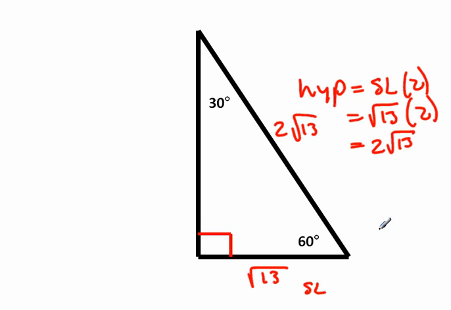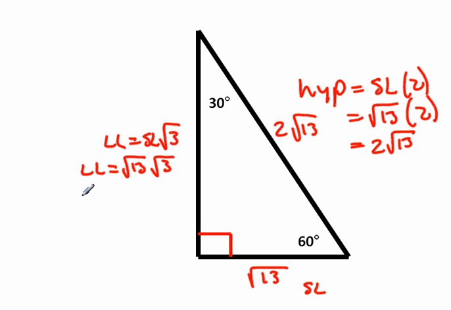Now the last part that we have to do in this example is we have to get what the long leg is. And the long leg is equal to the short leg times root 3. We know that the short leg is the square root of 13, so we know the long leg is going to equal square root 13 times the square root of 3.